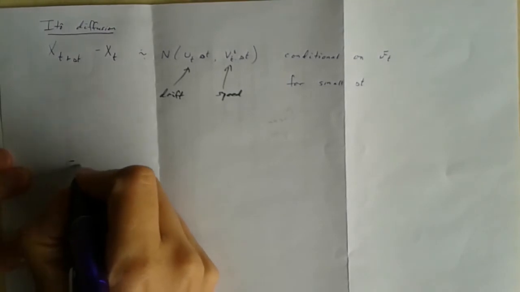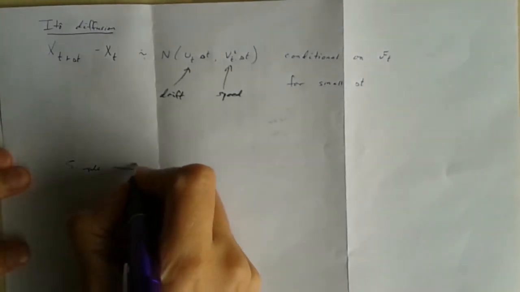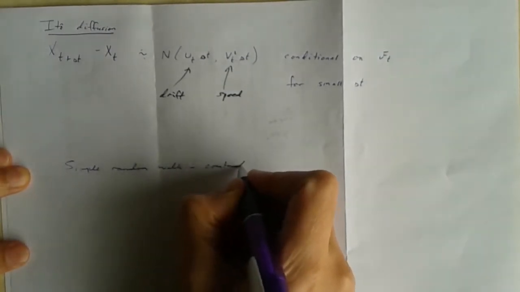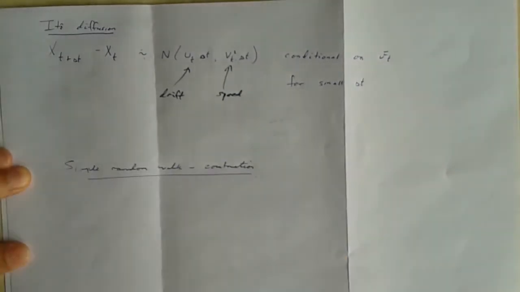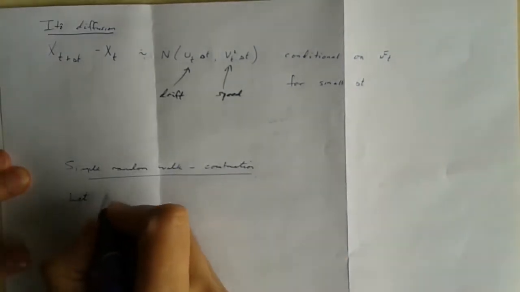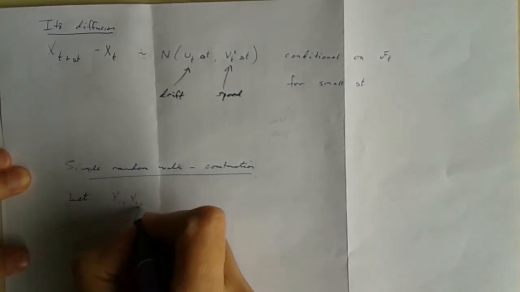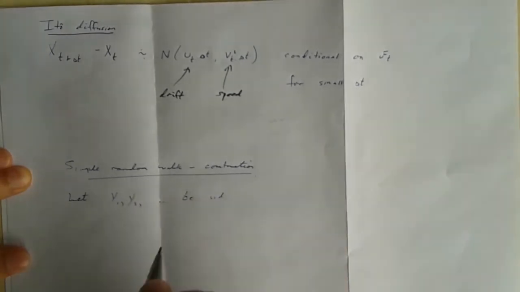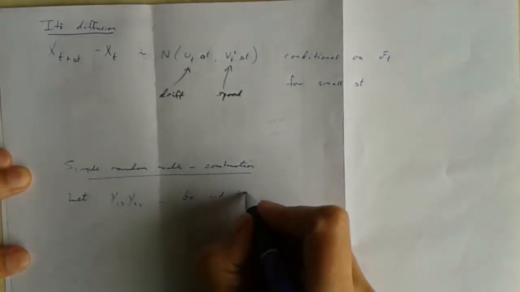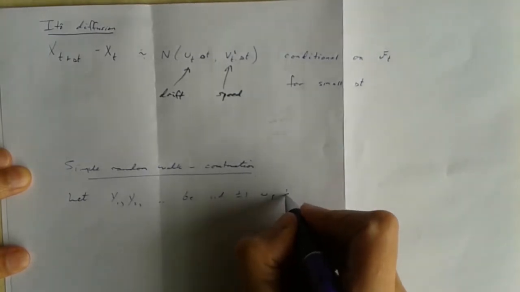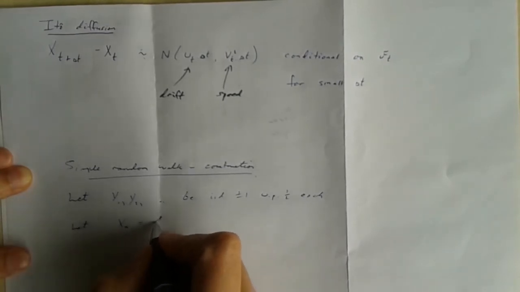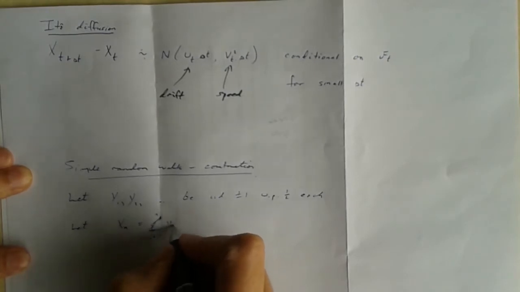All you have to do, if you want to, say, construct a simple random walk, how do we do it? Well, we just say let Y1, Y2, an infinite sequence, be independent, identically distributed, plus or minus 1 with probability 1/2 each, and let Xn be the sum of the first n steps.